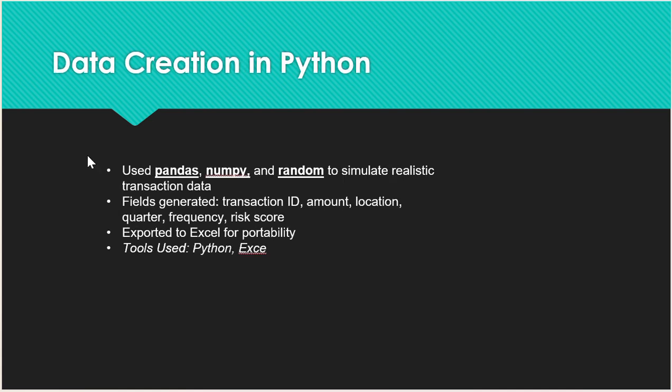Let's move on. Next is data creation in Python. As I already mentioned, we will do synthetic data creation for the purpose of this entire project, so we will create the data randomly. To simulate financial transactions we will use pandas, numpy, and the random module to create realistic transaction data, with fields like amount, location, frequency, quarter, risk score, and transaction ID.